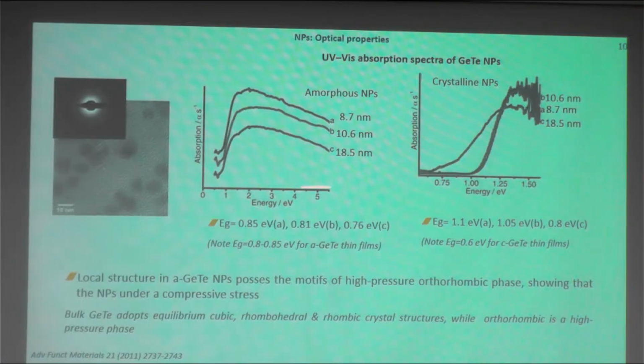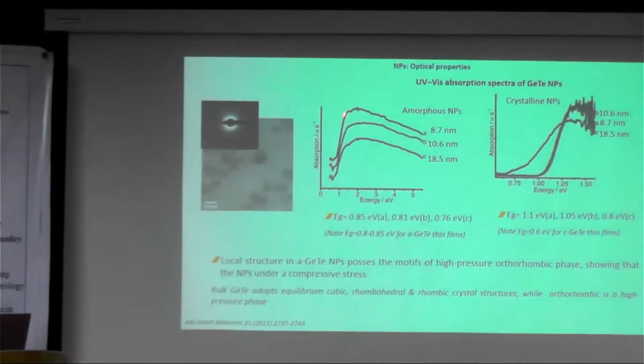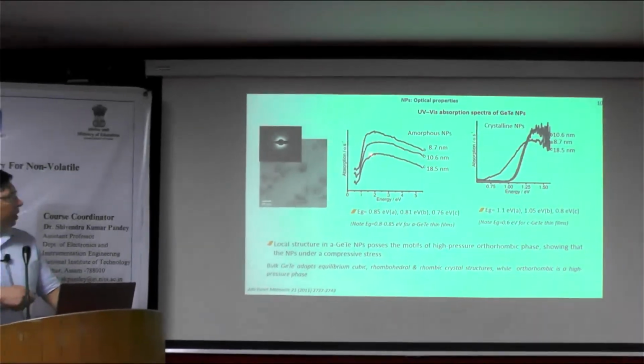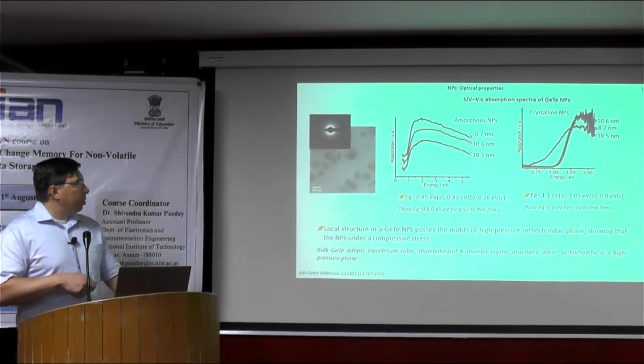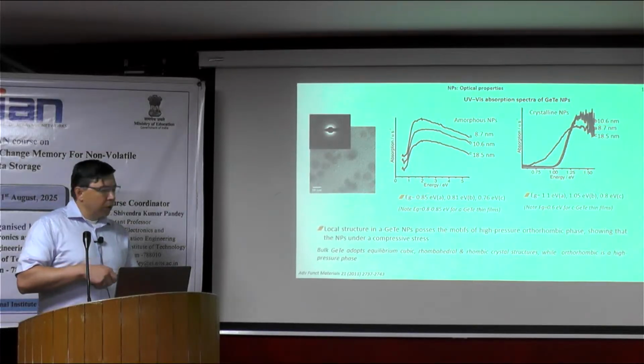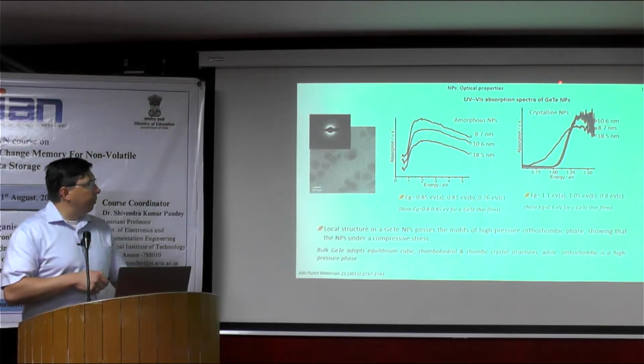absorption against energy. Here for amorphous nanoparticles, as the size of the nanoparticles changes, the absorption is also changing. Here we have more absorptive nanoparticles than these nanoparticles. So this also leads to a change in the band gap with the size.